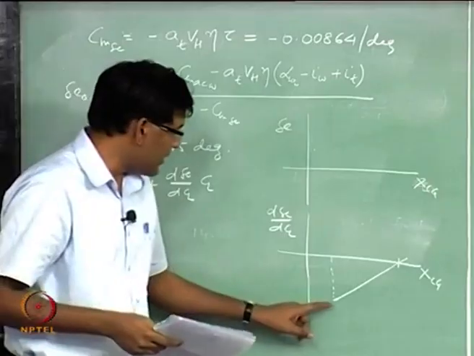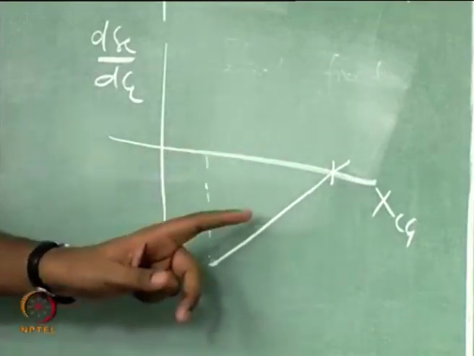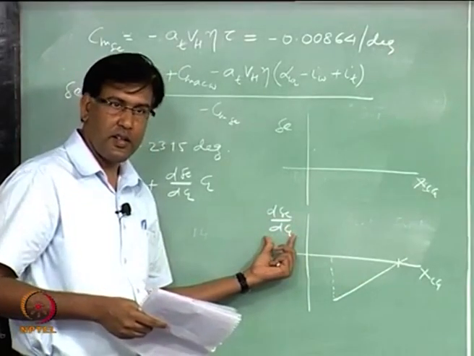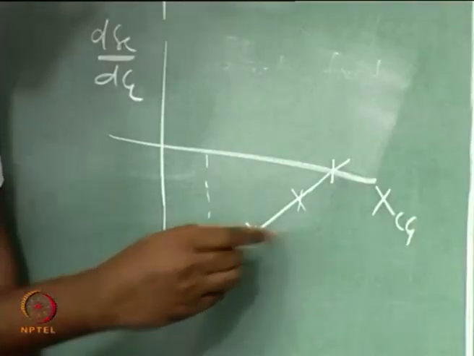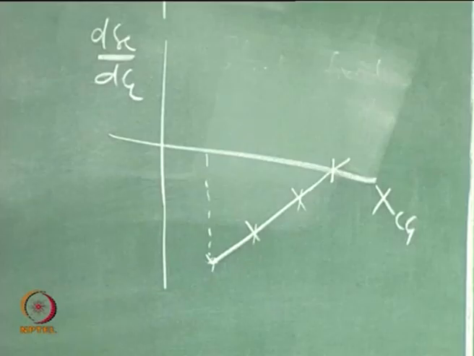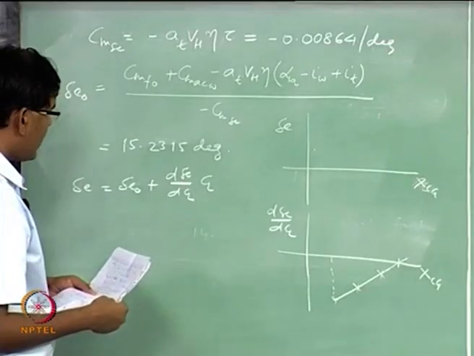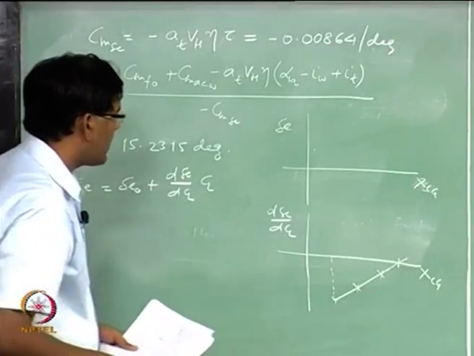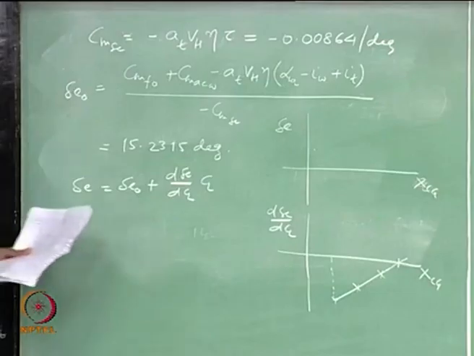So, for different velocities and different CG, you find this derivative and extend this line, so that it will cut this x axis somewhere, that will give you the neutral point location. So, this came from where?